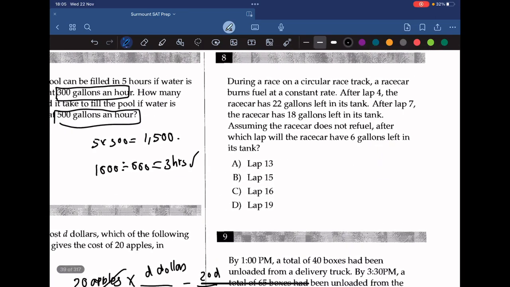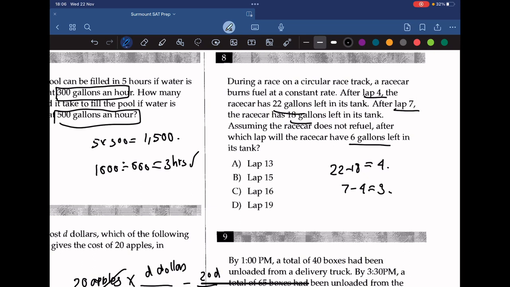During a race on a circular racetrack, a race car burns fuel at a constant rate. After lap 4, the race car has 22 gallons left in its tank. After lap 7, the race car has 18 gallons left in the tank. Assuming the race car does not refuel, after which lap will the race car have 6 gallons left in its tank? Alright, so the race car has burned 22 minus 18, which is 4 gallons of fuel, in 7 minus 4, which is 3 laps.